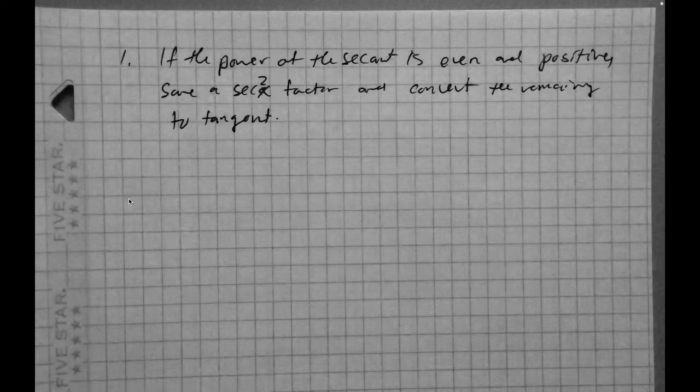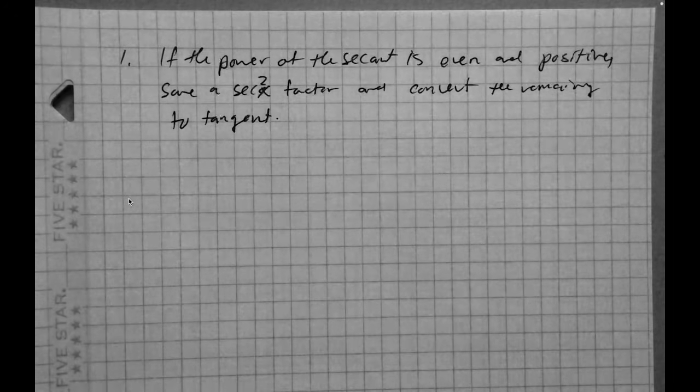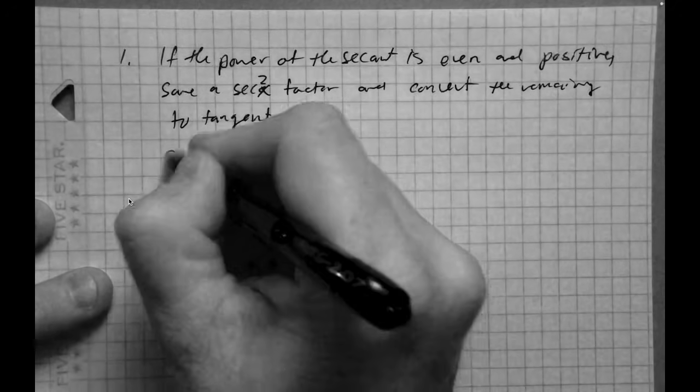Okay, and that's because if we use tangent as our u, then secant squared is going to be our du. So structurally we're looking for integrals that look like this.